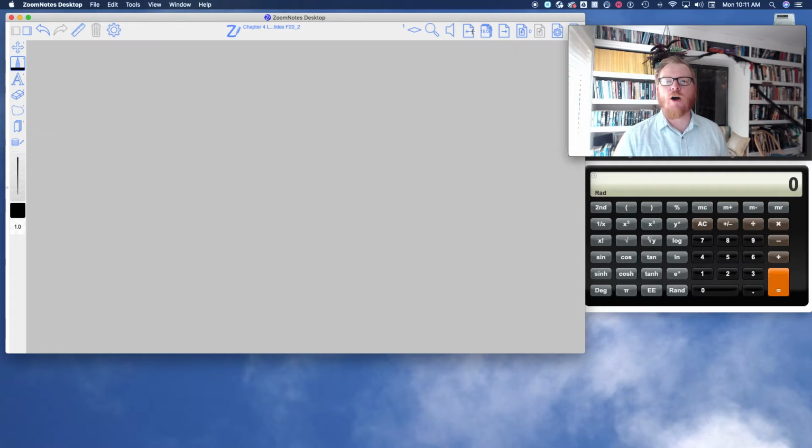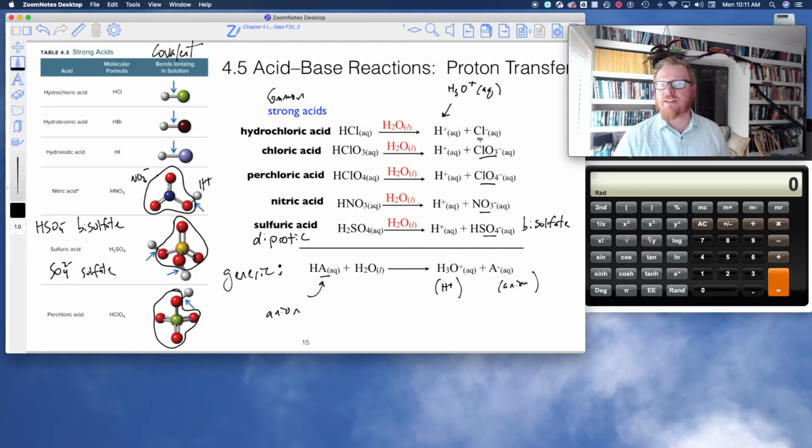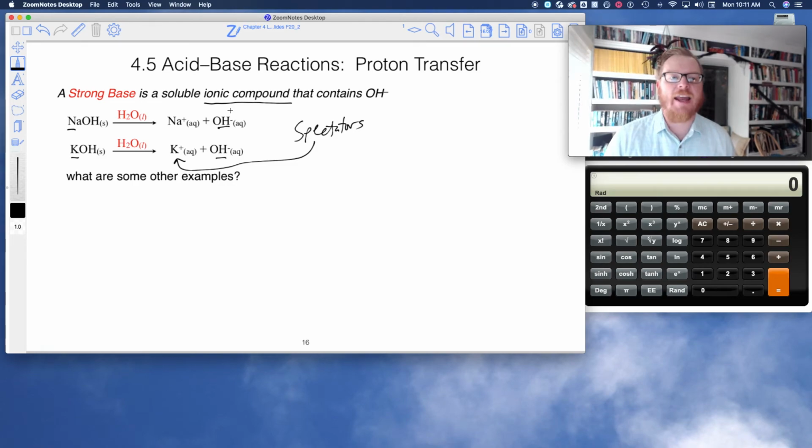Actually, I'll back up, all of these ions right here would also be our spectator ions. Spectator ions, that means they're not really doing much chemistry. It's the H+ that's doing the chemistry in the case of acids, and it's the OH- that's doing chemistry in the case of bases.